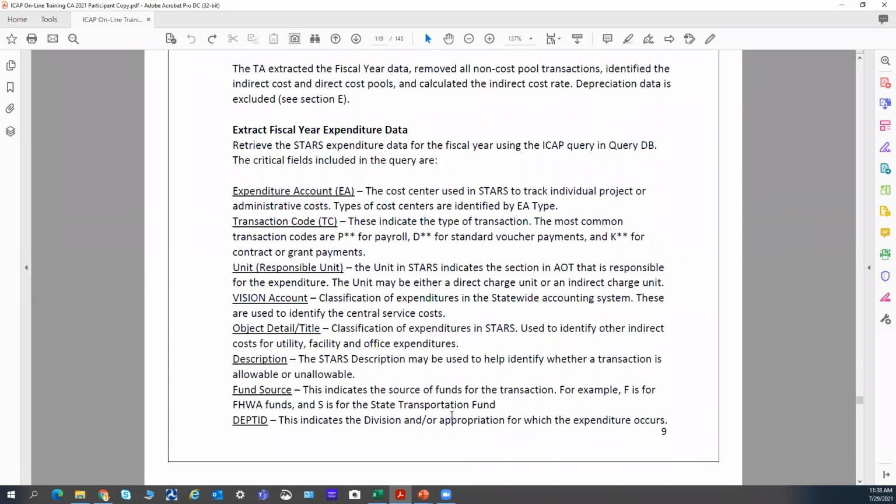And then they go on, and is there anything else special here? Oh, this is interesting. They wanted to identify the fund source. So they did F for FHWA and S for the state. So that was pretty good. So that's just a short description of the information that we'll take a look at here in the workbook in just a minute.